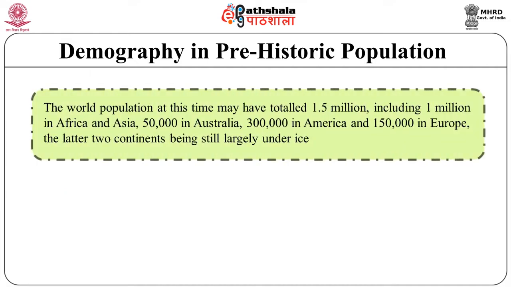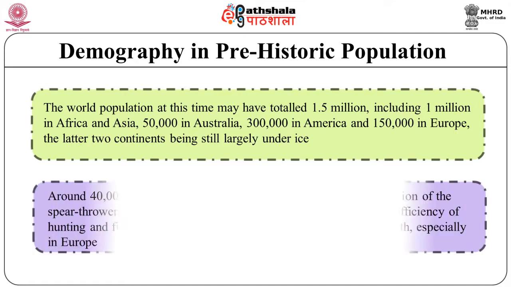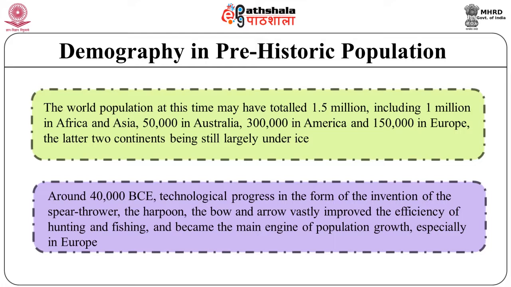The world population at this time may have totaled near about 1.5 million, including 1 million in Africa and Asia, 50,000 in Australia, 300,000 in America, and 150 in Europe, the latter two continents being still largely under ice around 40,000 BCE.